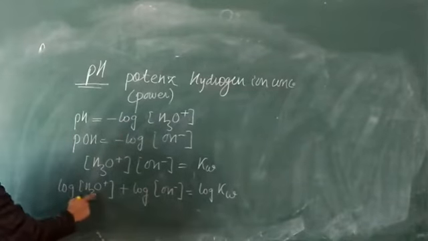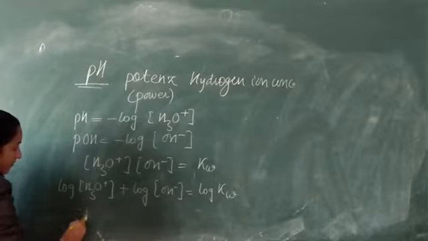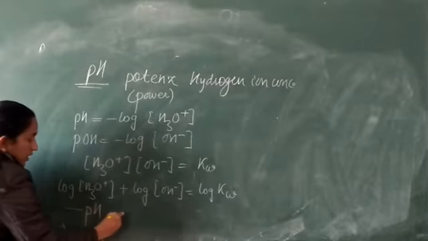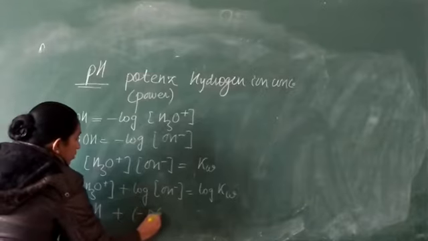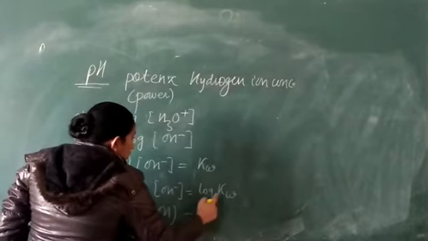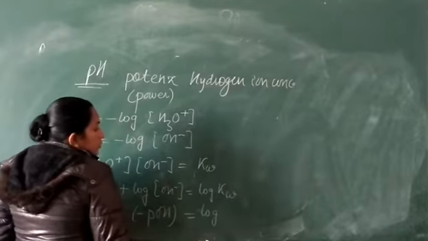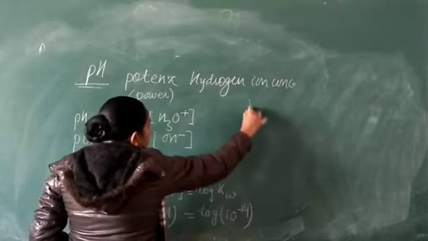Now, log hydronium ion concentration, student, just get this minus over here. You will get minus pH plus here it will become minus pOH equals log Kw value, student, how much? 10 raised to power minus 14.